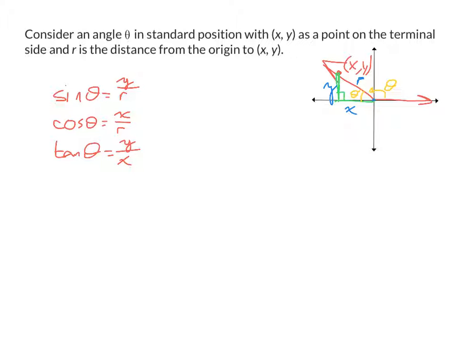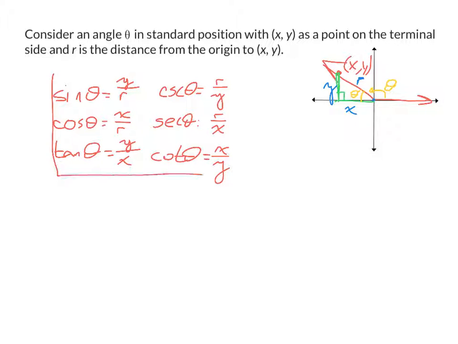And then we can do the reciprocals for each of these. Cosecant is the reciprocal of sine. Secant is the reciprocal of cosine. And cotangent is the reciprocal of tangent. Okay, you should definitely get this in your notes. This will be applicable for us for the rest of the year.